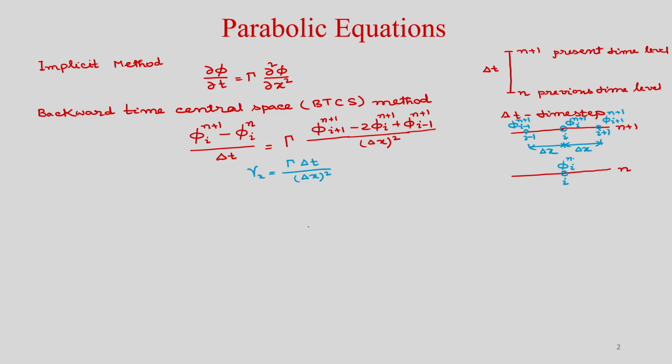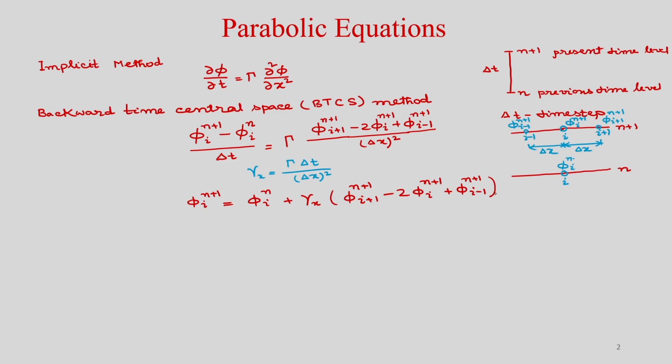Now we can write it as phi I n plus 1 is equal to phi I n plus gamma x into phi I plus 1 n plus 1 minus 2 phi I n plus 1 plus phi I minus 1 n plus 1.